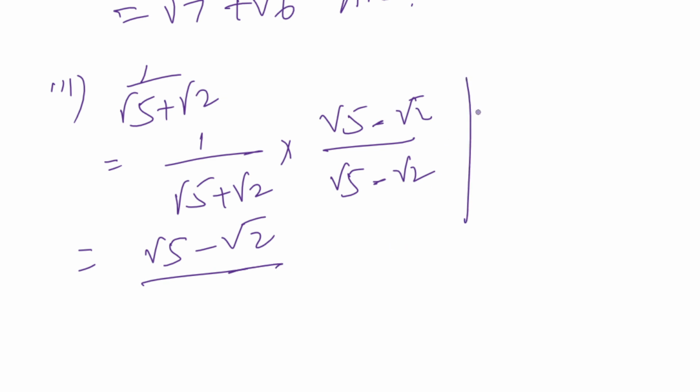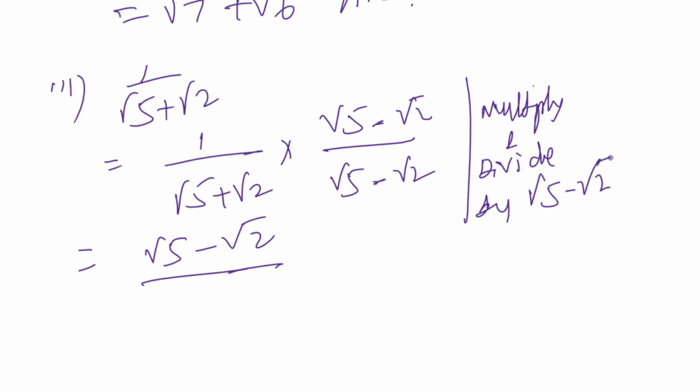Here you write the reason: multiplying and dividing by root 5 minus root 2. In the numerator and in the denominator, root 5 plus root 2 times root 5 minus root 2 is the a plus b, a minus b formula.